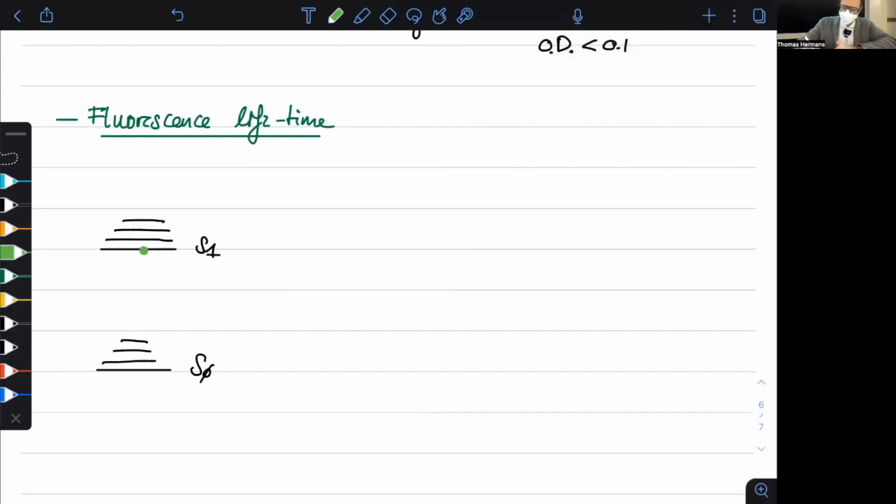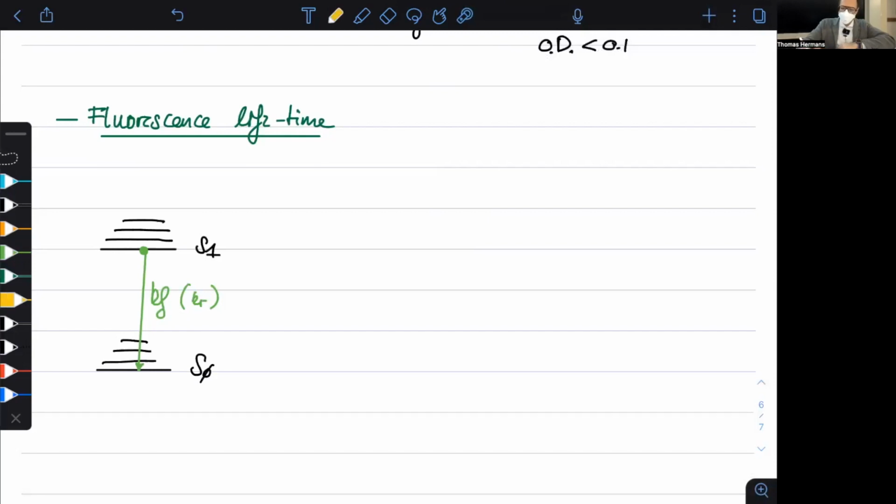So Kasha's rule, I only emit from the lowest vibronic level. And I'm going to put some rate constants. In chemistry, usually K means a rate constant. So I have my Kf, my fluorescence rate constant, which often is called Kr to confuse you, radiative rate constant.